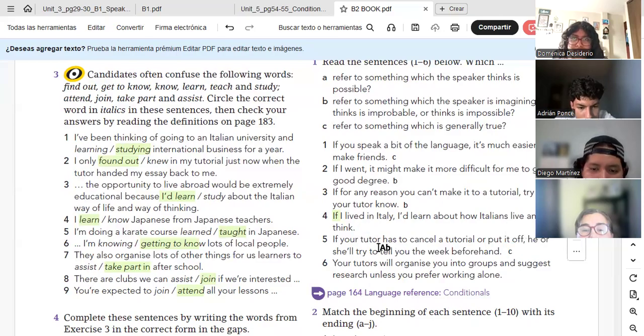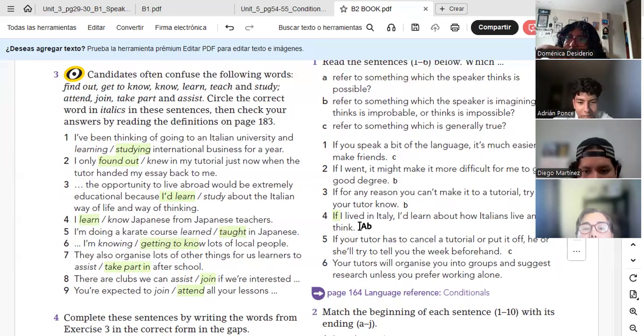Dominica, number 4. What do you think, Dominica?